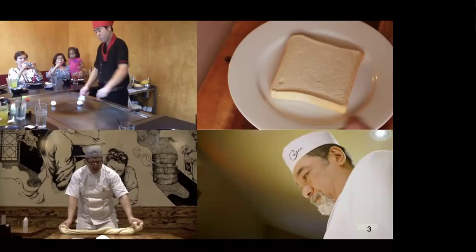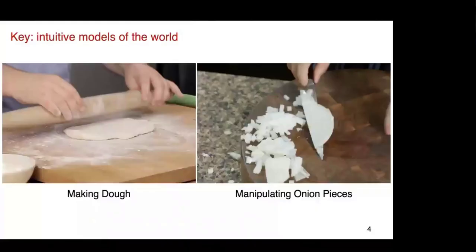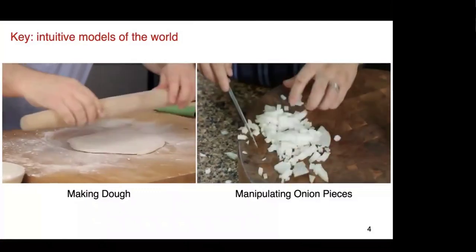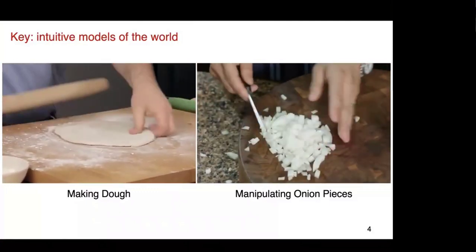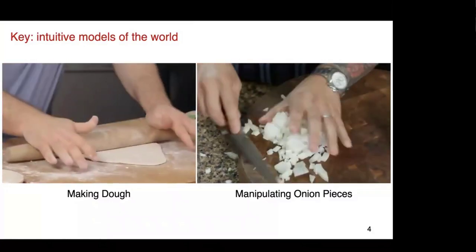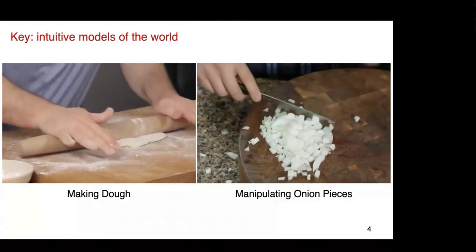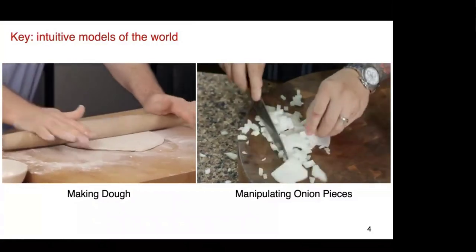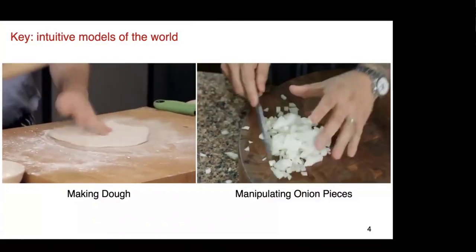I would like to argue that one of the key enabling factors, and also one of the key gaps between robot manipulation capabilities and human manipulation capabilities, is these intuitive models of the world, where we humans can effortlessly predict how the environment is going to change if we apply a specific action.